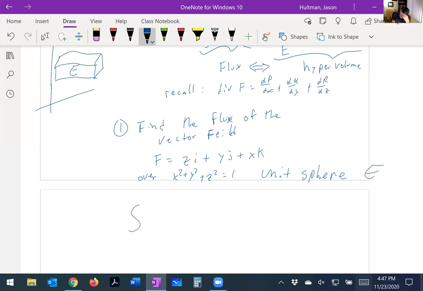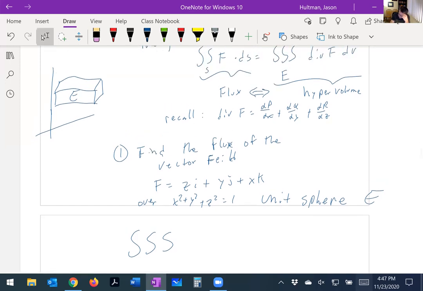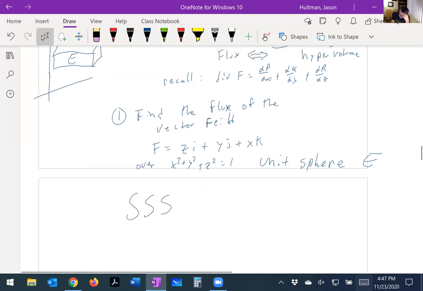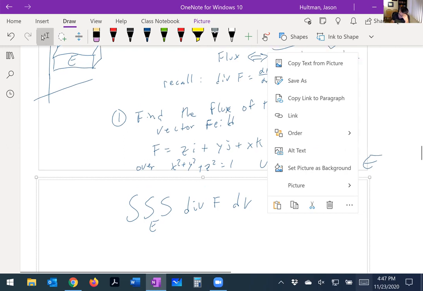So we can say, okay, we're going to take this unit sphere, and we're going to take the divergence of F dV, and just do a triple integral. So what's the divergence of F?